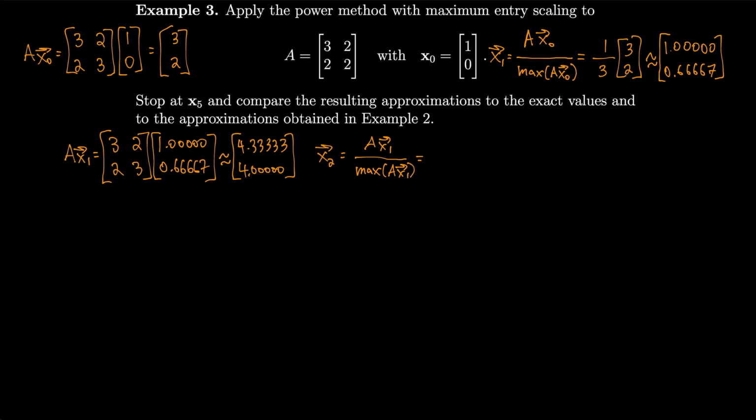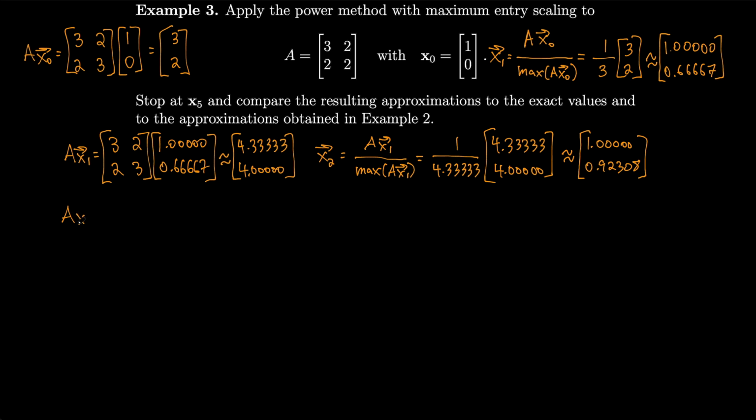So that's 1 over 4.3333 times [4.3333, 4.00000], this is a matrix, and that gives us about [1.00000, 0.92308].